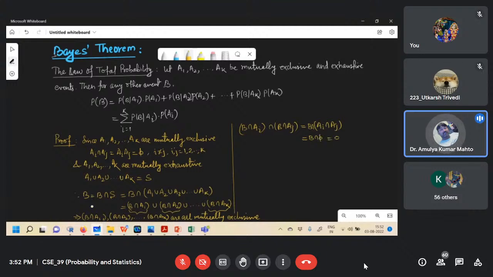So again, you will have nothing common in them, where I and J can be 1, 2, up to K. Understood why I have written these all as mutually exclusive?